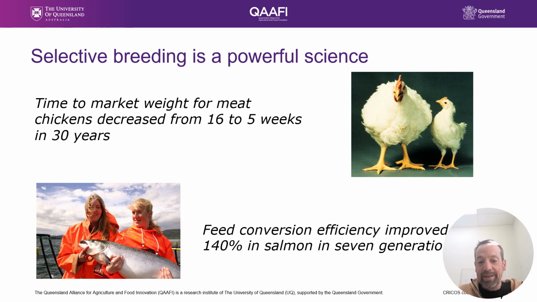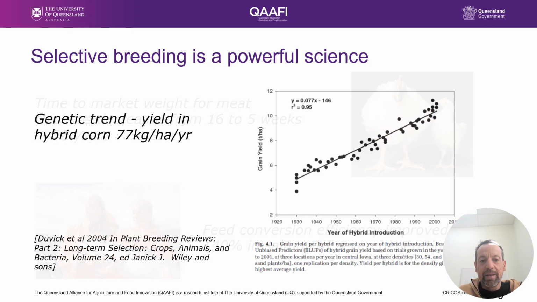For Atlantic salmon, in just 7 generations, the feed conversion efficiency has improved by 140%. In crops, an example here is for corn, maize, where the selective breeding programs have resulted in an increase in yield of 77 kilograms per hectare per year. So that's quite impressive.